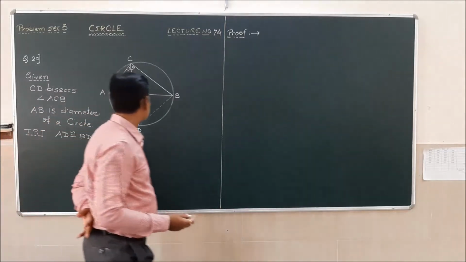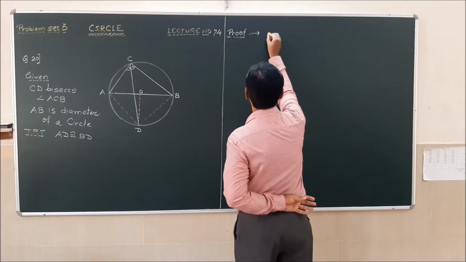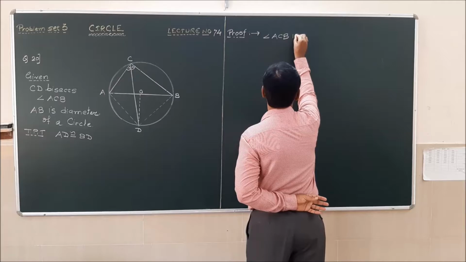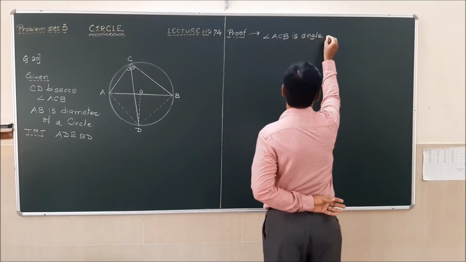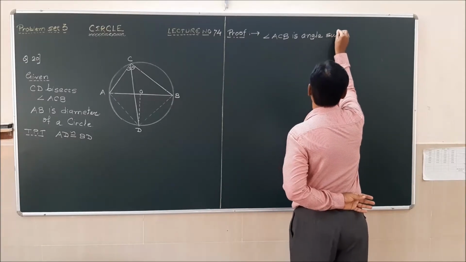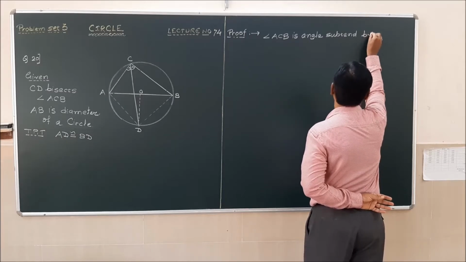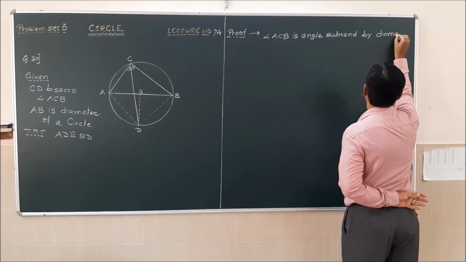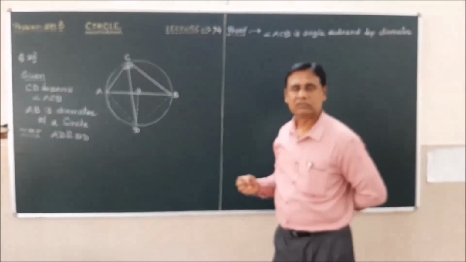So let's begin now. We will find angle ACB is the angle subtended by the diameter. This is also an activity based question, but I would like to explain it in detail.